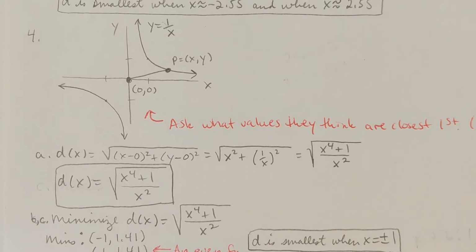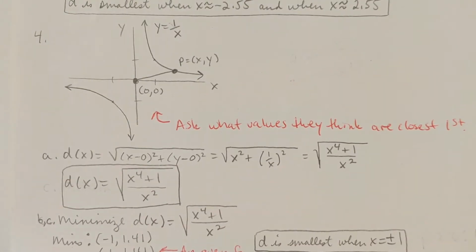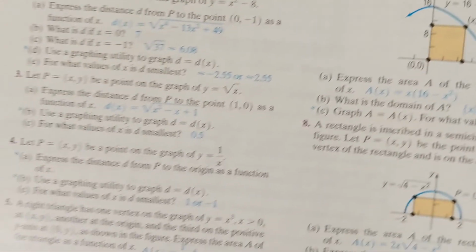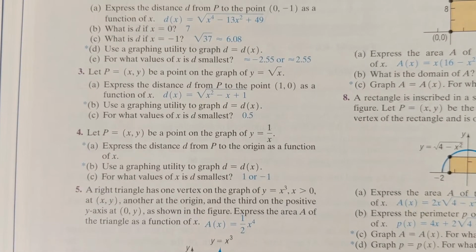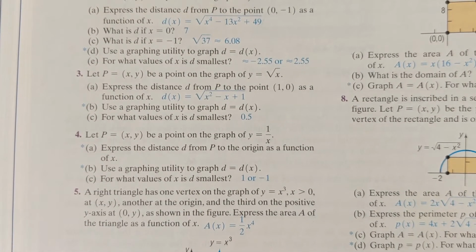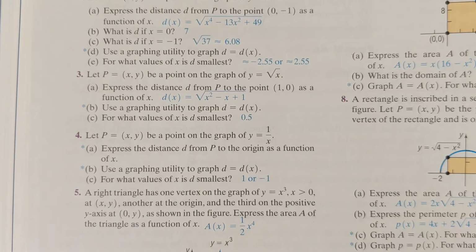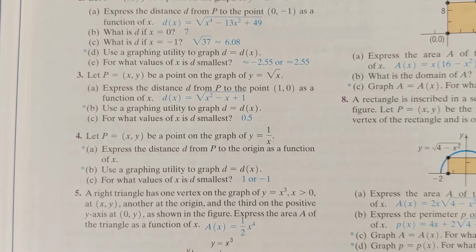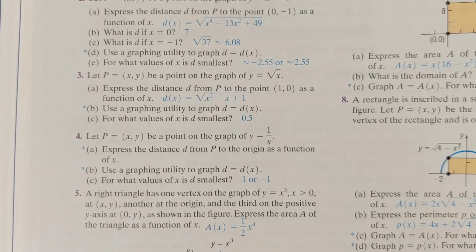Here's another one, problem 4. Let (x, y) be a point on the graph of y equals 1 over x. Express the distance d from P to the origin as a function of x. And we'll answer parts B and C together.